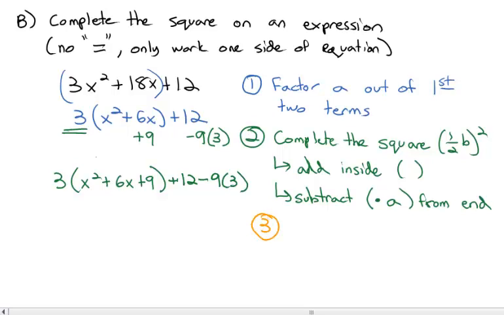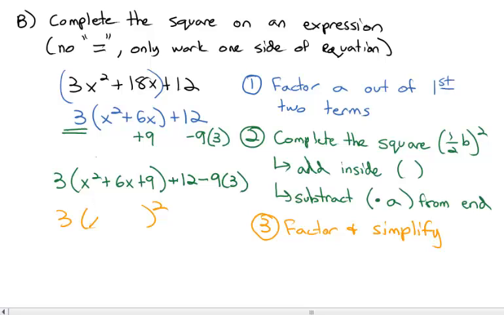So step 3 to finish this off is going to be, instead of factor and solve, we're going to factor and simplify. 3 stays out front. The parentheses are always going to be a perfect square because we picked the number 9, which would force it to be a square.